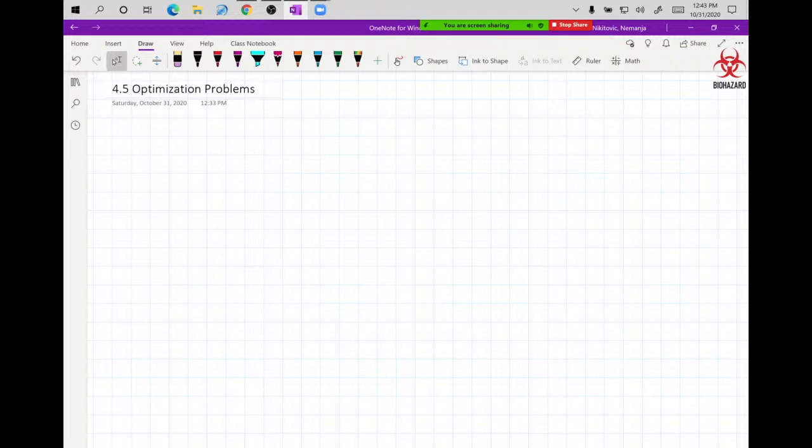So we would like to see what this concept is, and I'm going to start very simple with a completely pointless problem that says: the sum of two numbers is 18.